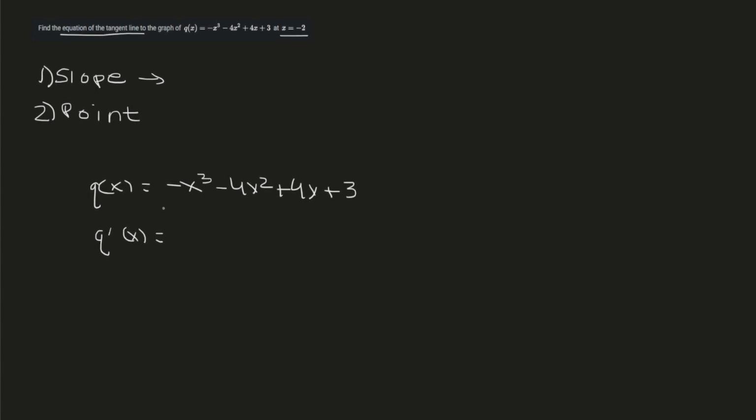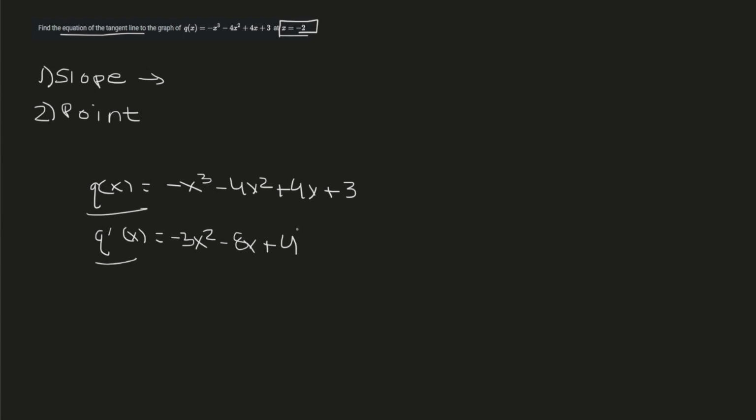So if we use power rule a bunch of times, we'll get negative 3x squared minus 8x plus 4. So we want everything at the point x equals 2, negative 2, sorry. So we need to find a point that is at x equals negative 2 and the slope at x equals negative 2.